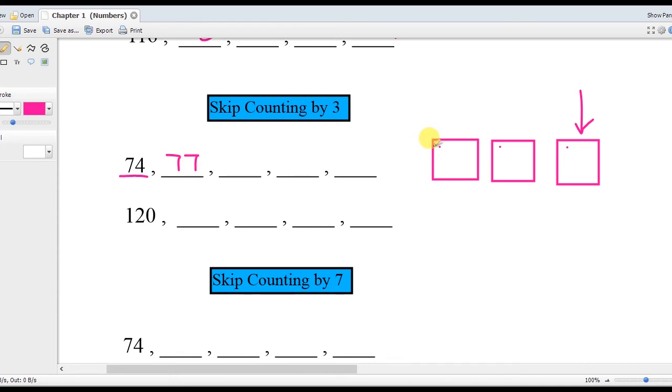Then start counting after 77: 78, 79, 80, 81, 82, 83, 84, 85, 86.